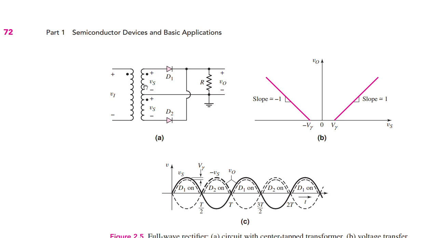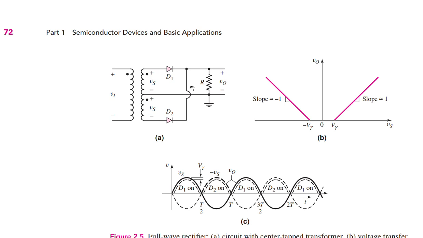So during the positive half cycle, this voltage will be Vp above the ground. This diode D1 is forward biased, so the output node voltage will be Vp minus V gamma. Whereas at that time, the voltage on the anode side of diode D1 will be minus Vp.